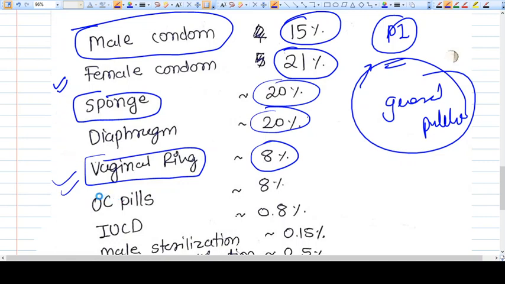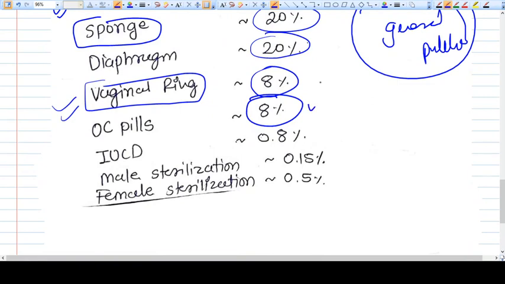Now comes the OC pills. OC pills have an 8% rate. See, OC pills are very effective contraceptive methods, but still 8% is the PI. Why?